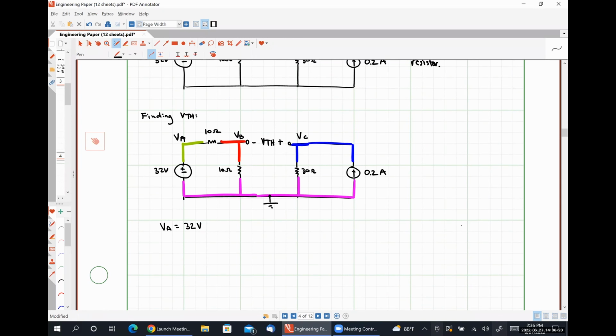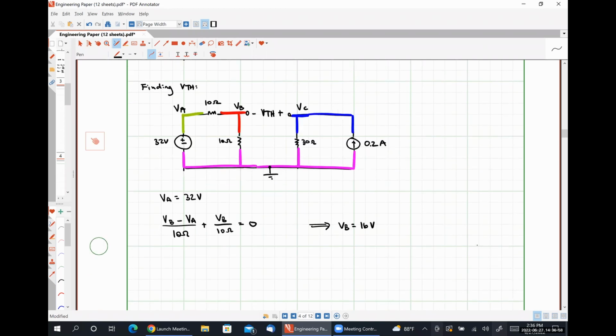And now we're going to write KCL at nodes B and C. So KCL at B tells us (VB minus VA) over 10 ohms plus VB over 10 ohms is equal to 0. And since we already know what VA is, we could just solve this and find that VB is going to be 16 volts.